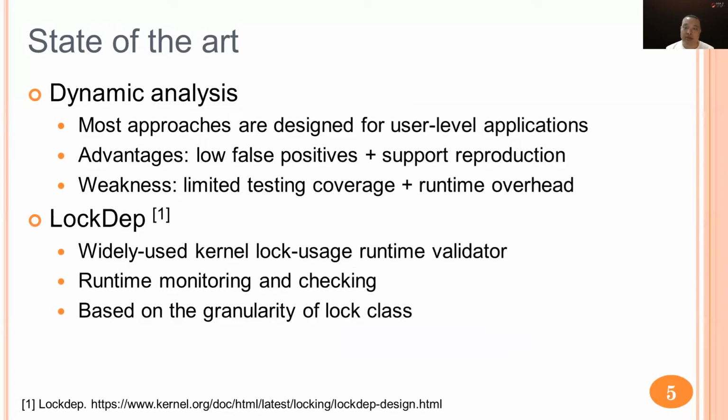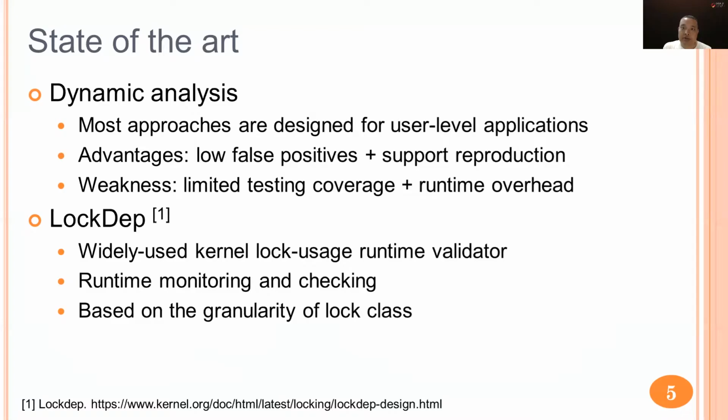Many existing approaches use dynamic analysis for deadlock detection, and most of them are designed for user-level applications. Dynamic analysis can achieve low false positives and support deadlock reproduction. However, dynamic analysis requires substantial test cases to achieve good testing coverage, and it also introduces runtime overhead during testing.